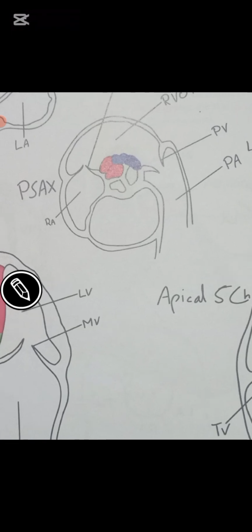At 11 o'clock, this will be the perimembranous VSD. And if the shunt appears at 12 o'clock, this is called the outlet infracristal VSD. The second name is subaortic VSD.